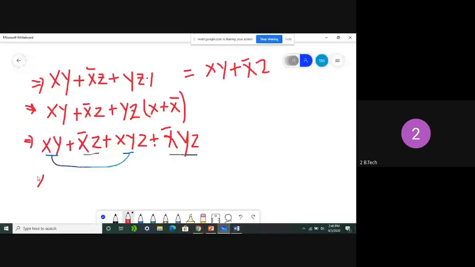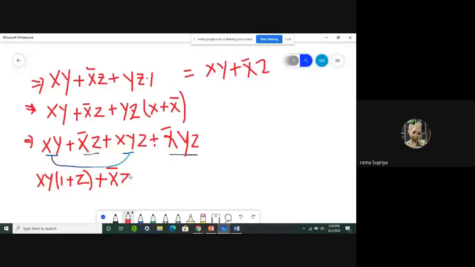After separating that, what remains from xy is 1 plus Z. Again in the third term, Z remains. So we have xy times (1 plus Z). From the third and fourth terms, what can we separate? X bar Z times (1 plus Y).